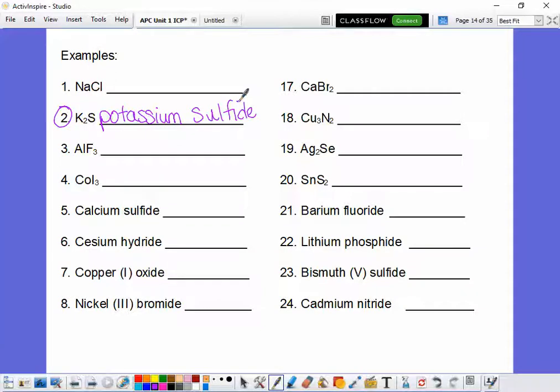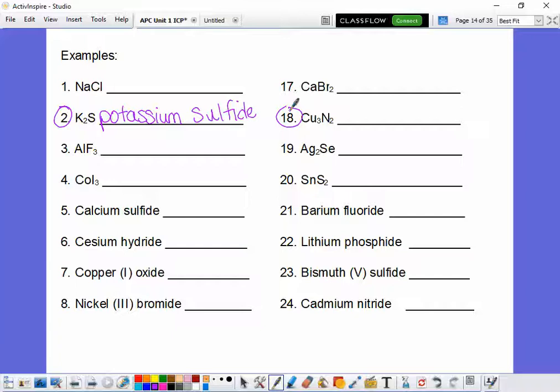All right, we'll do this one. Cu3N2. What two elements do I have there? Copper and nitrogen. Now, copper is one of our transition metals. Most of our transition metals need a Roman numeral, and the Roman numeral indicates what? The charge of that metal, okay?